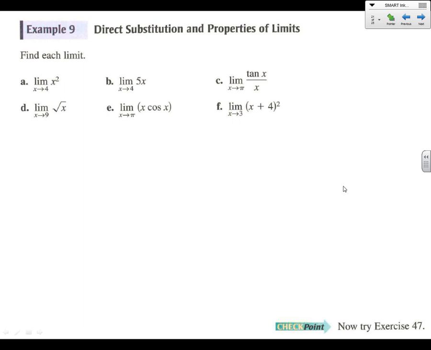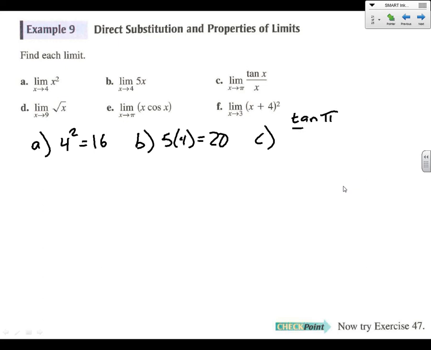Find each limit. We're going to use direct substitution for all of these. A is going to be 4 squared, which is 16. B is going to be 5 times 4, which is 20. C is going to be tangent of pi divided by pi, which is 0 over pi, which is 0.